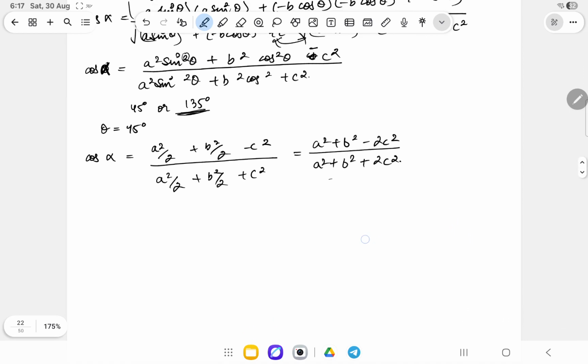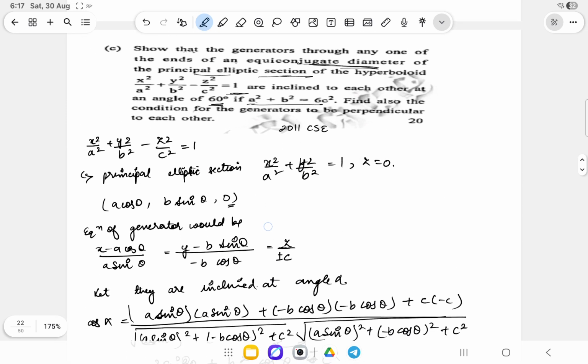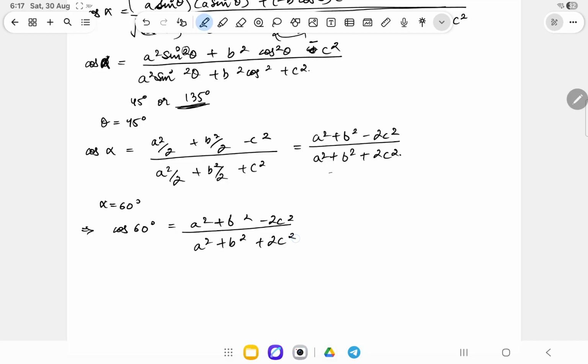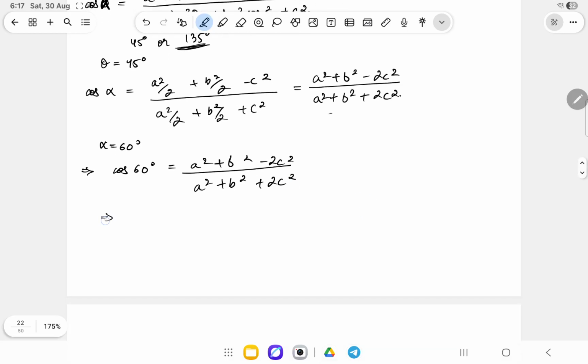So the question says that these two generators are inclined to each other at an angle of 60 degree. So they have given alpha as 60 degrees. So from here I got cos 60 is equal to a square plus b square minus 2c square divided by a square plus b square plus 2c square. So I know my cos 60 is 1 by 2.